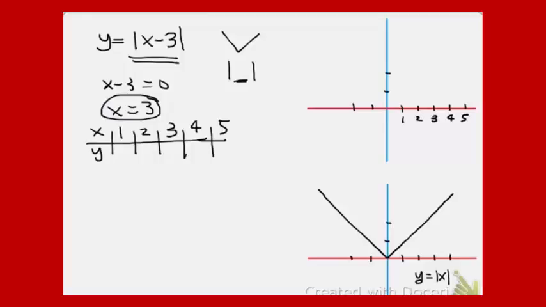So now we're going to fill in the bottom half of the chart. We already learned when x equals 3, y equals 0. So now we're just going to fill in the chart with the rest of the numbers, just like a number line.